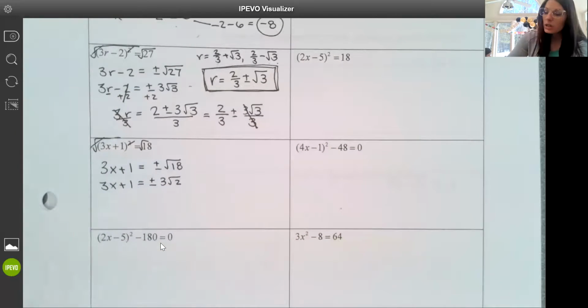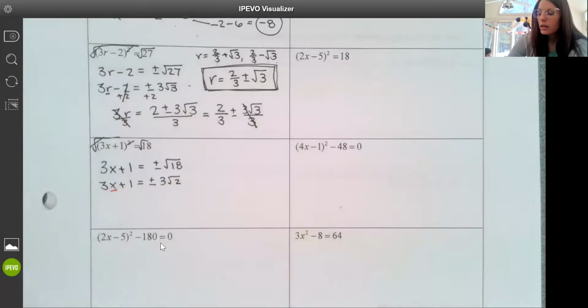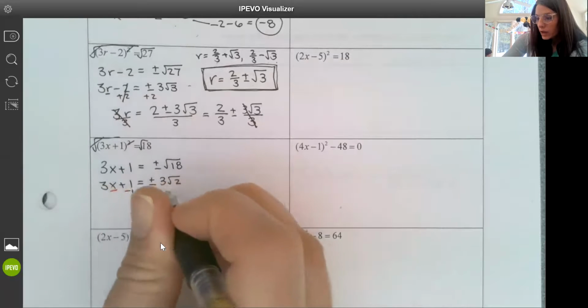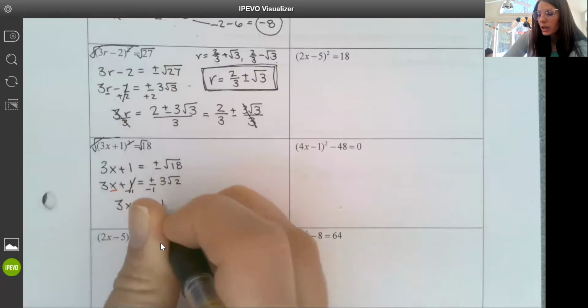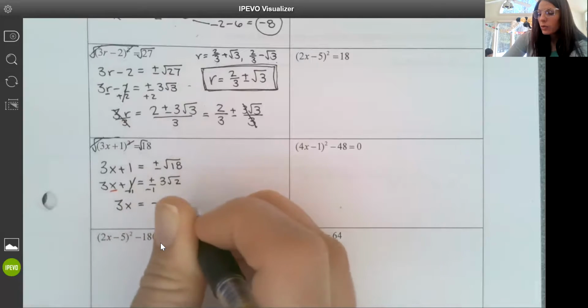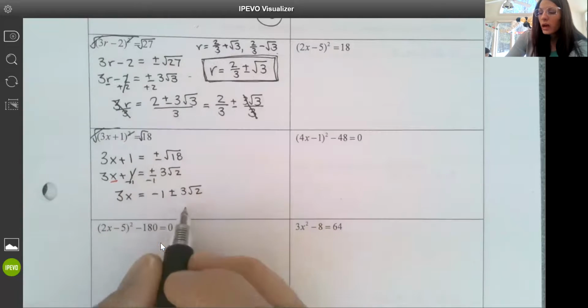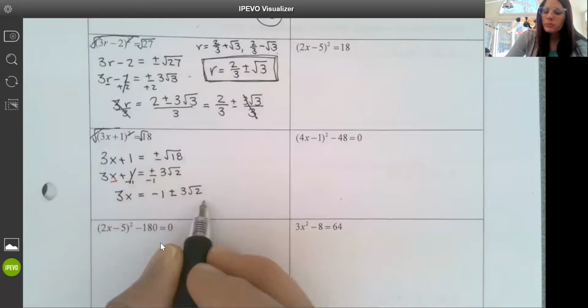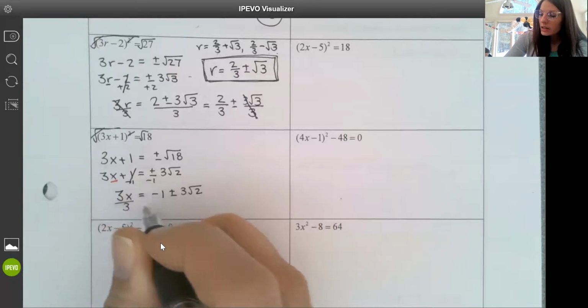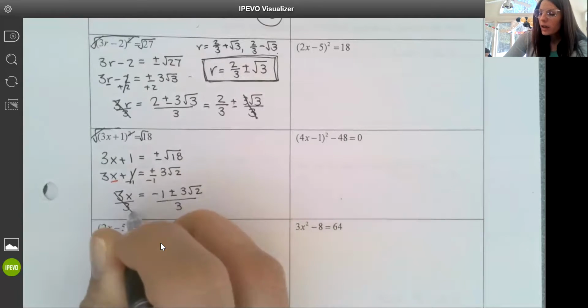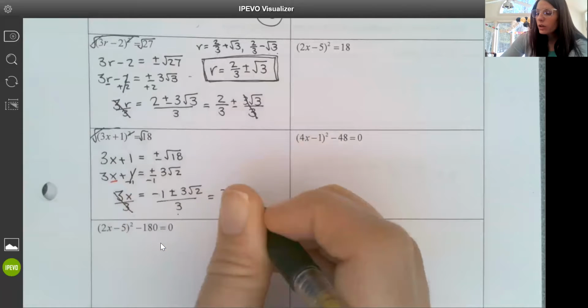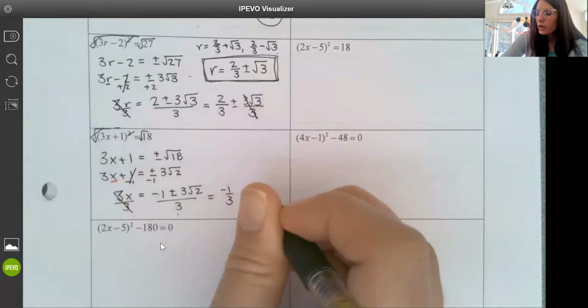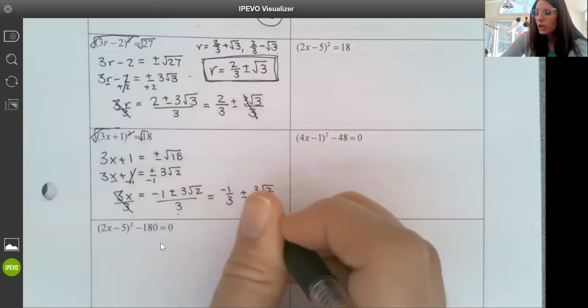And now I'm just isolating this variable, so subtract 1 from both sides. Just like my last example, I can't combine -1 with my radical, so I'm leaving those separate. Then to get x by itself, I'm dividing by 3, which gives me -1/3 plus or minus 3 rad 2 over 3.